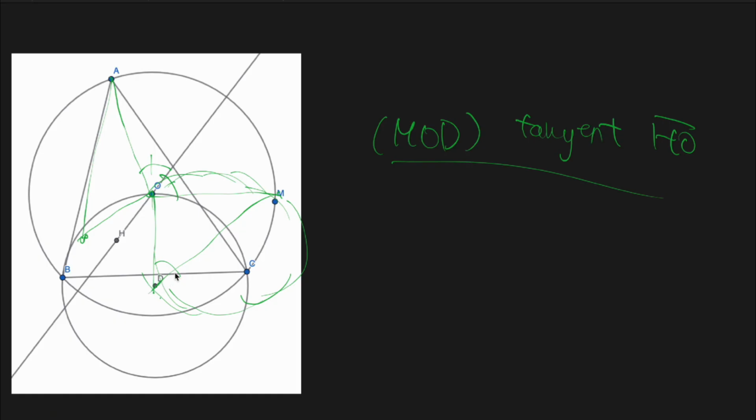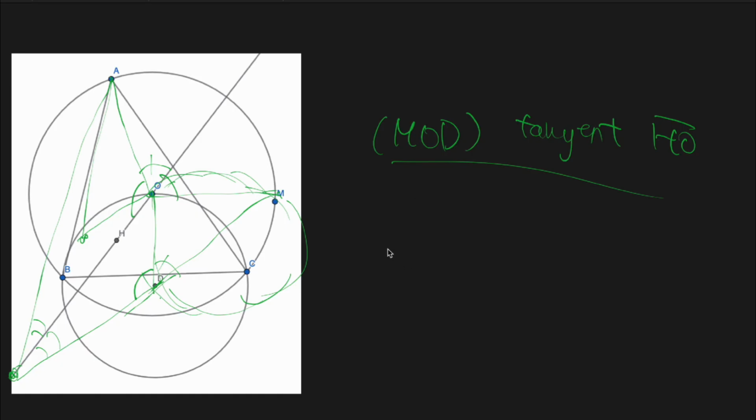What we're going to do is extend this thing down here to a point, let's say point P. So we're going to prove that these two angles are equivalent. We can take their supplementary angles, which are these two angles, and we want to prove that these two angles are equivalent. But what's interesting is if I draw AP down here, we notice that PA and PDM are symmetric about the Euler line, and so these two angles are also equal.